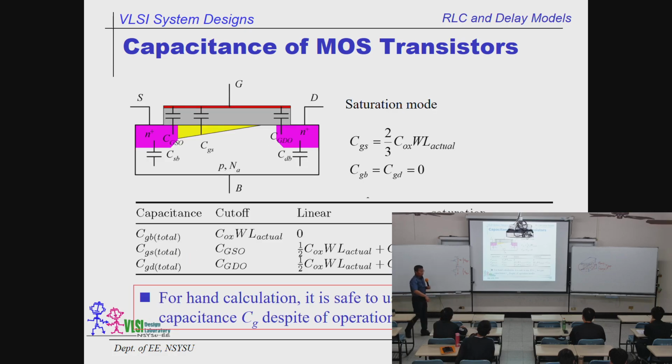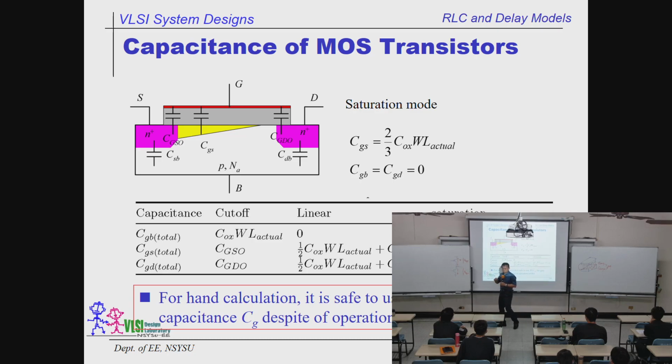The figure on the top means that the channel is fully turned on, into saturation mode, so that CGS equals 2/3 of C oxide times the area, and CGB and CGD are both 0.